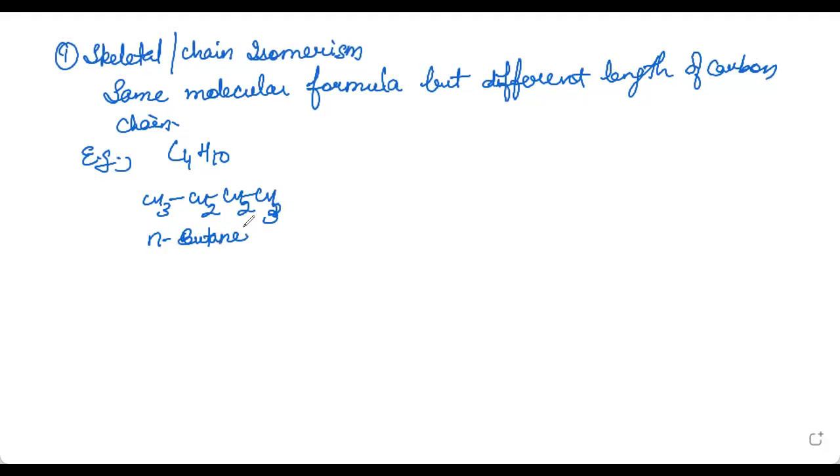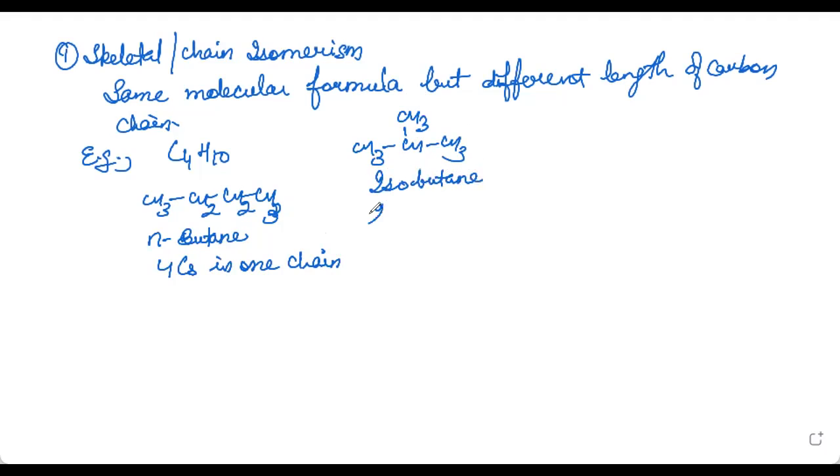All right. Now there are 4 carbons in one chain. Now let us try to write it in another form. CH3, CH, CH3, CH3. Now this is isobutane, or if we write the IUPAC name, it is 2-methylpropane.